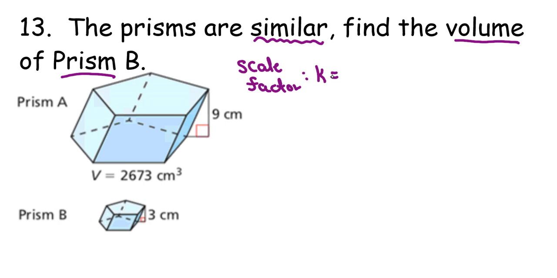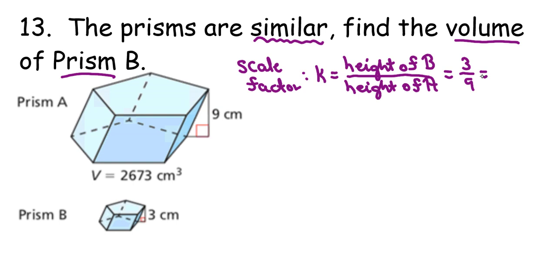And what's corresponding that's given in each of these prisms are the height. So it's the height of the second divided by the height of the first. So height of Prism B, I'll just abbreviate that as height of B, divided by height of A, that will give me my k value. So it looks like 3/9, and that simplifies down to 1/3.